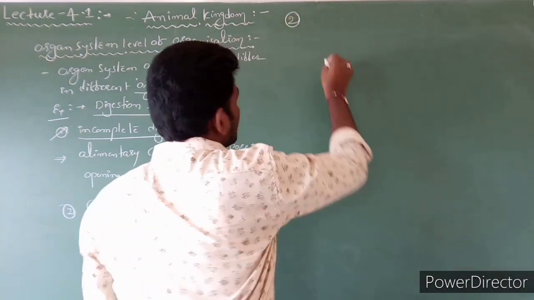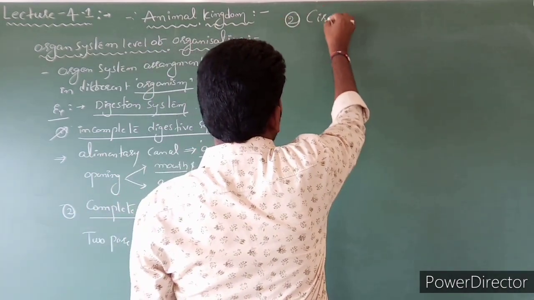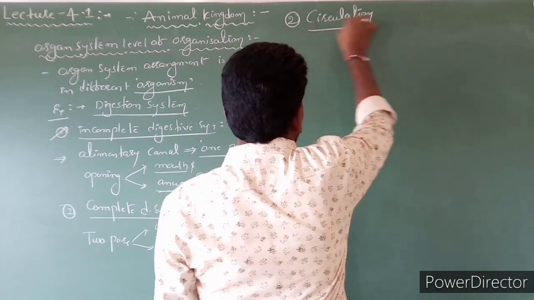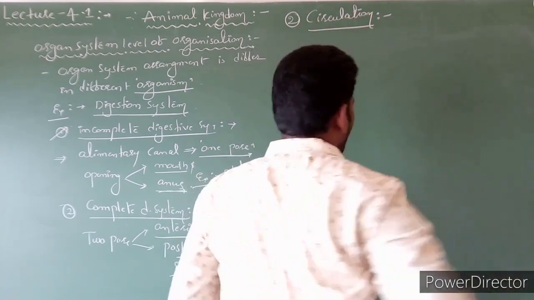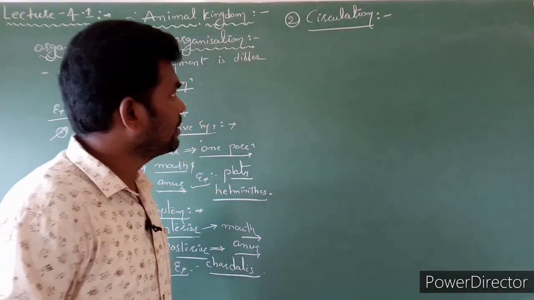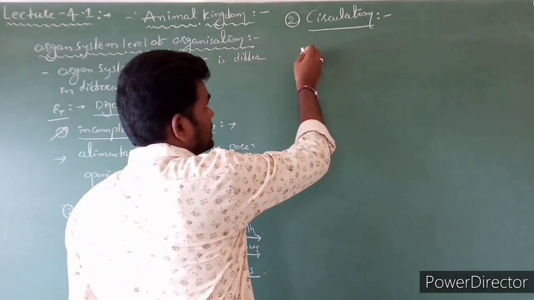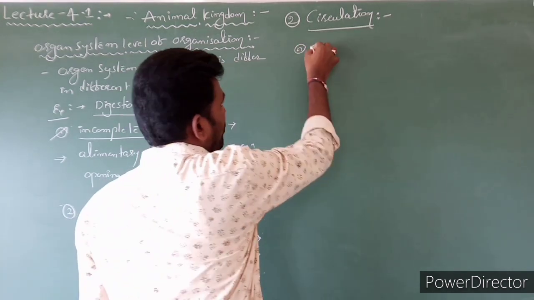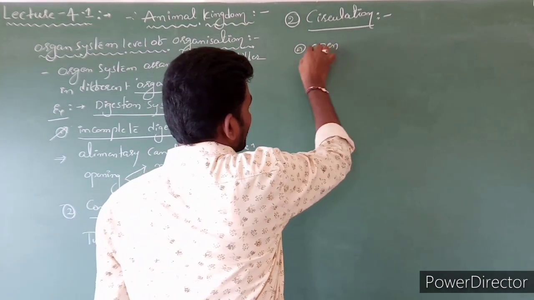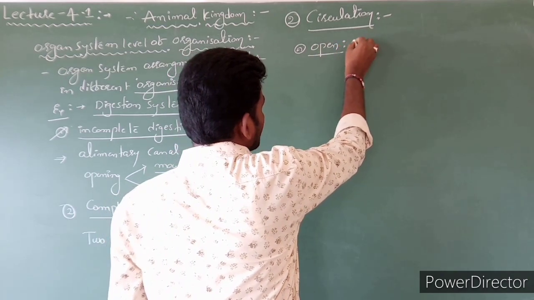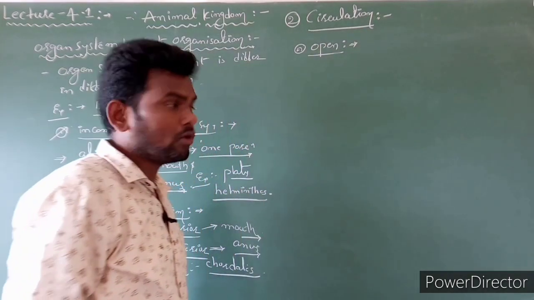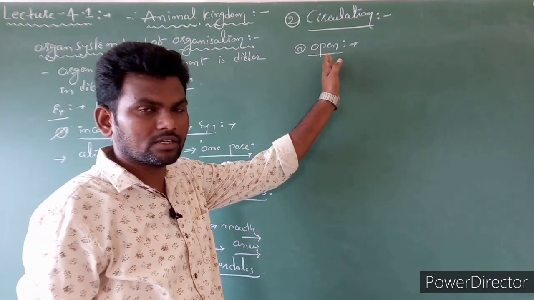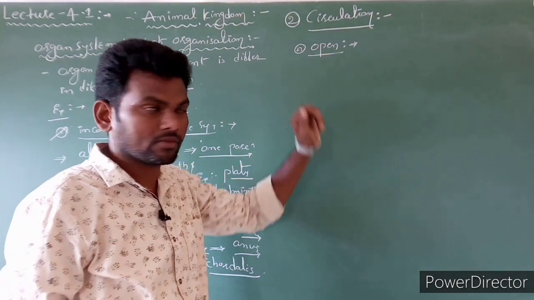One example. Let's say one more example. Second example is circulation. Blood circulation. So blood circulation also we can divide into two types. One is open circulation and one is closed circulation. You know already in our 9th as well as 10th we have discussed circulation system, open as well as closed.